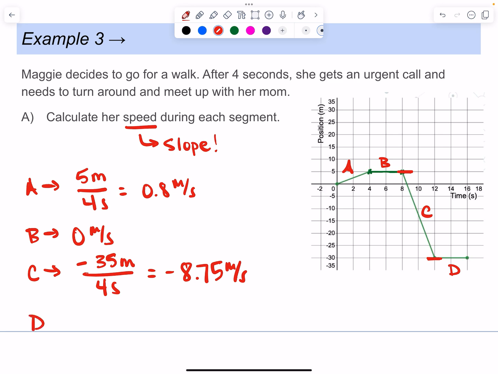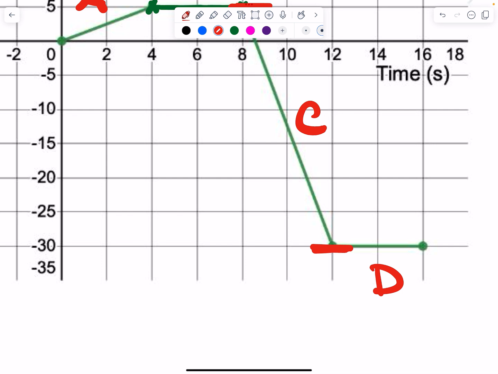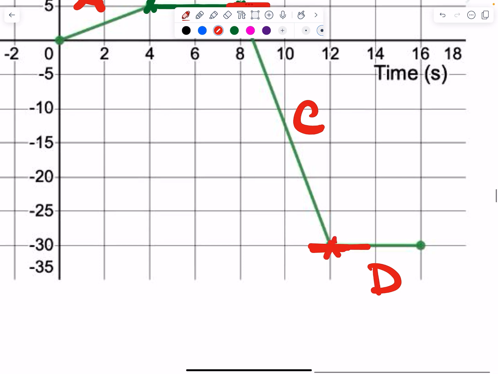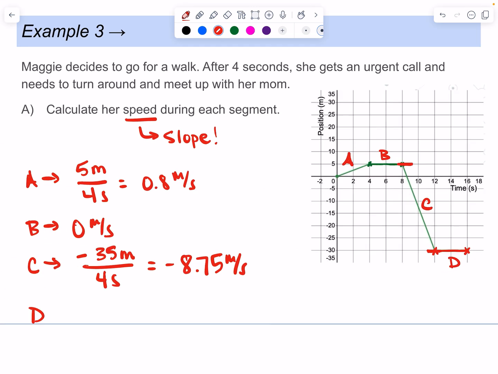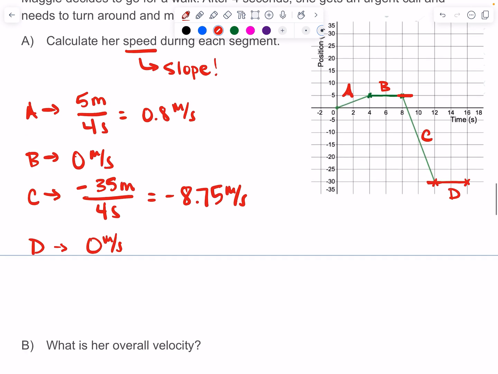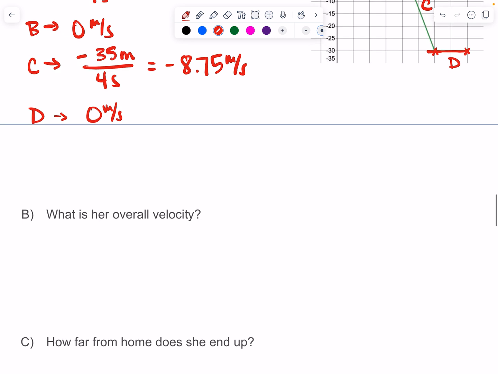And then in segment D, it looks like she hit that negative 30 meters and that stayed constant. So she wasn't moving for that 4 second time period. So in segment D, her speed is again 0 meters per second. What was her overall velocity?